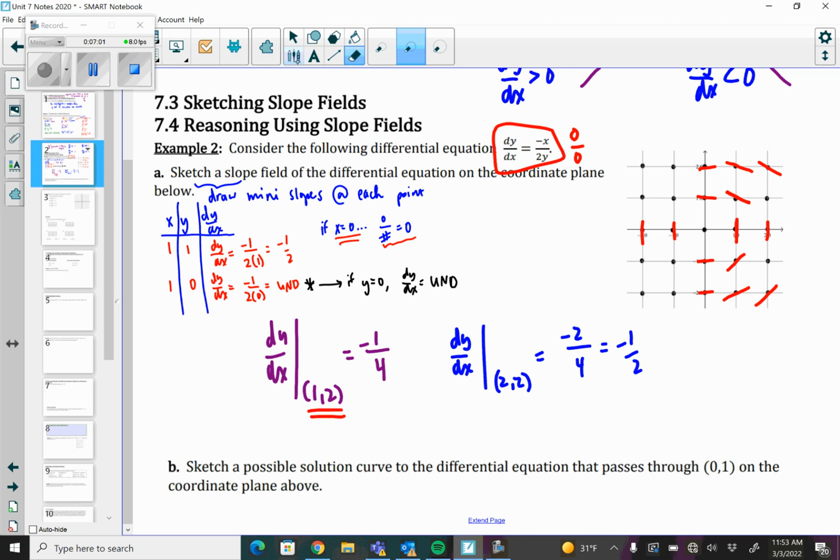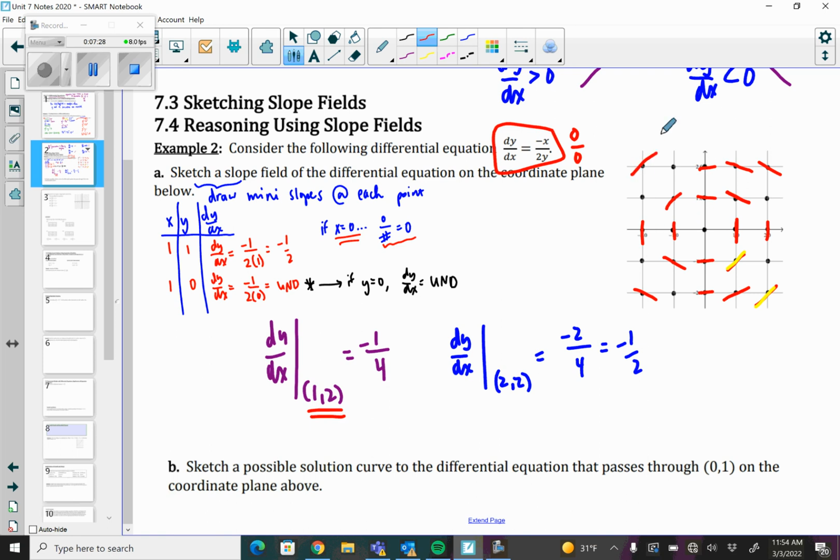So these slopes over in quadrant 3 are going to be the same as their partner slopes in the other quadrant. So if I go to, let's say, up here, slopes at (1, negative 1) and (2, negative 2) are going to be the same as (negative 1, 1) and (negative 2, 2).